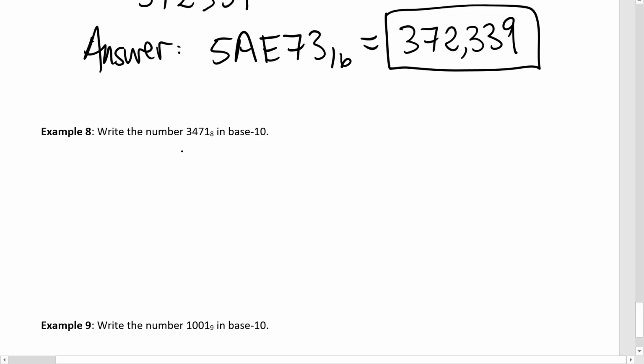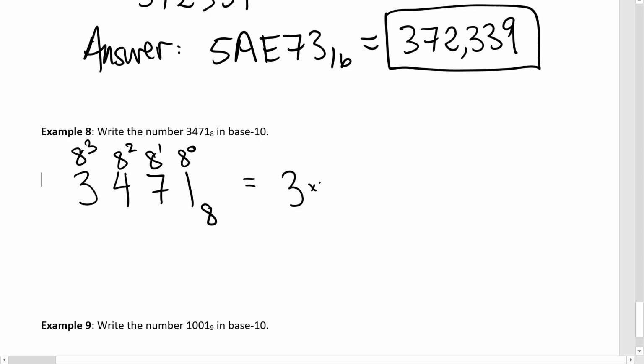Okay, this one works just the same way, but it's base 8. So because I'm switching into base 10, it'll be just multiplications of all the powers of 8, where each of these represents how many powers of 8 we will expand. So we have 3, 4, 7, 1 in base 8. So this is the 8 to the 0 place, 8 to the 1, 8 squared, 8 cubed.